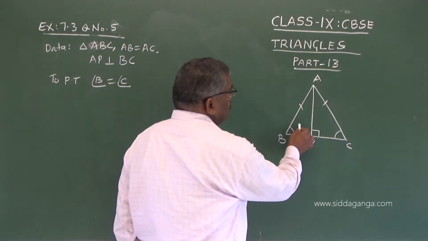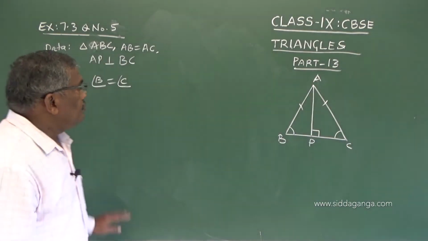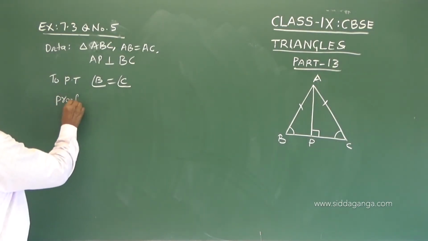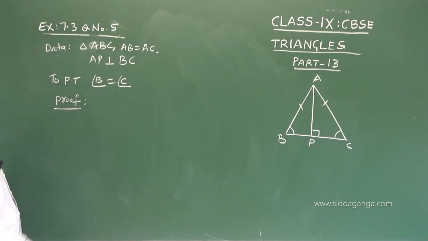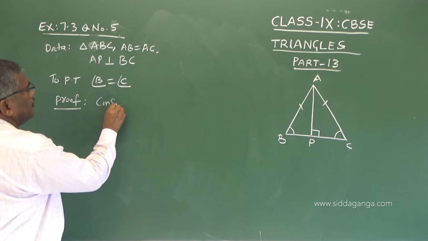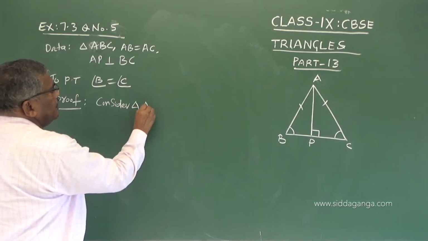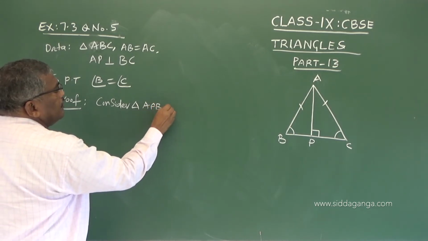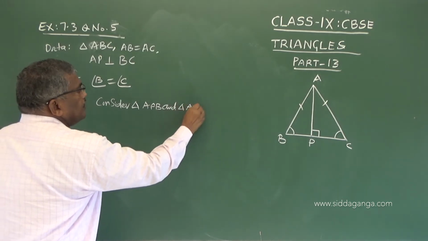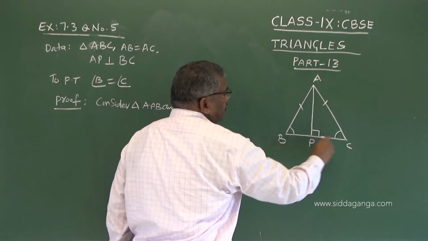Now you compare these two triangles APB and APC. Of course, proof. Now we are well versed with this. Consider triangle APB and triangle APC.